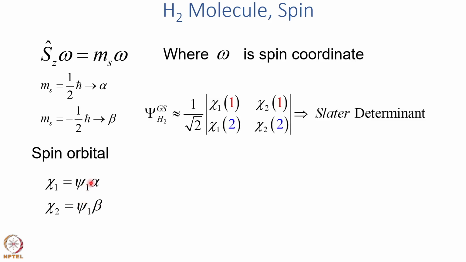Now because of spin, there is another property. Because I am dealing with electrons, they are fermions, so I have to ensure that they observe the principle of antisymmetry, so that if I change the coordinates of electron 1 and electron 2, the wave function should change sign. One of the easiest ways to achieve this is to use the so-called Slater determinant.